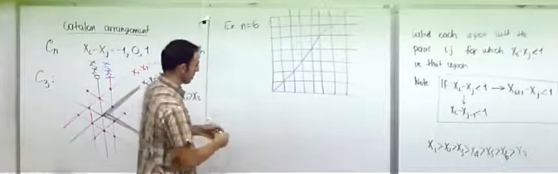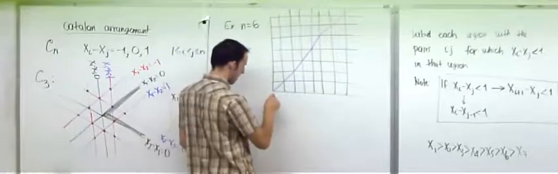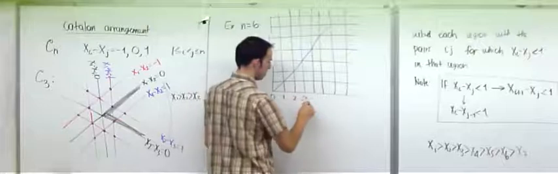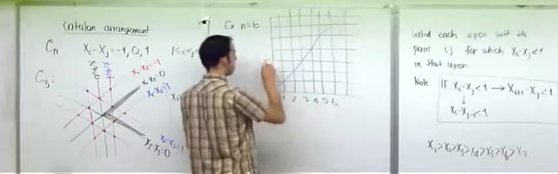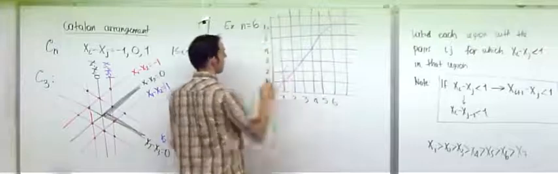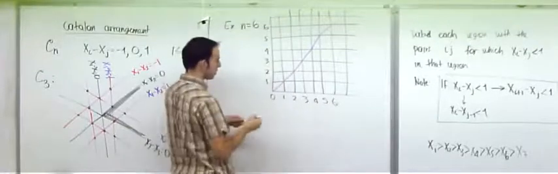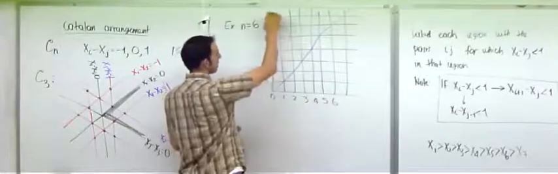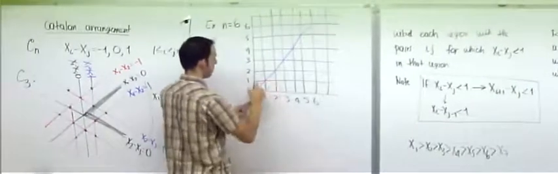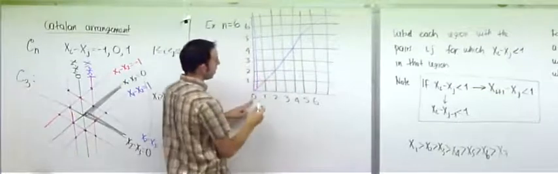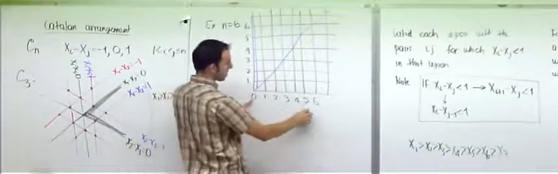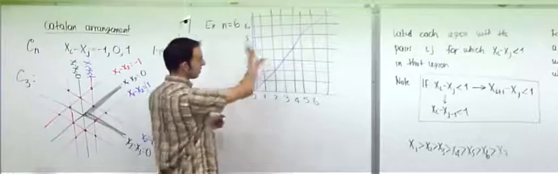And also, this is where i is 0. 1, 2, 3, 4, 5, 6. 1, 2, 3, 4, 5, 6. So I also don't have any dots here, right? Because i cannot be 0. So there's no dots here. And what's the largest dot that I could put?